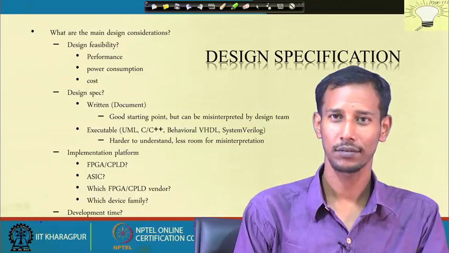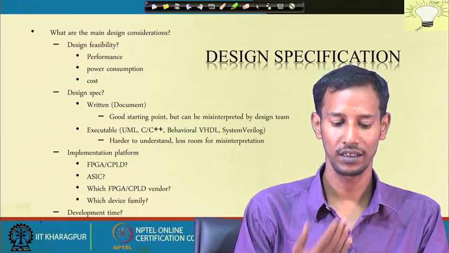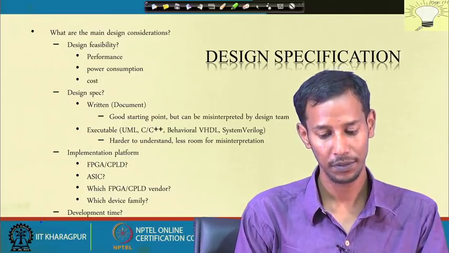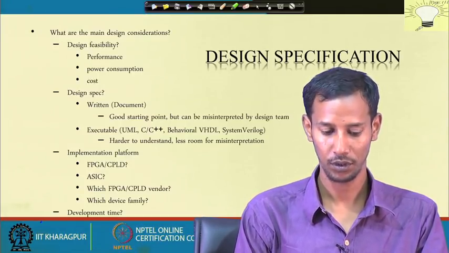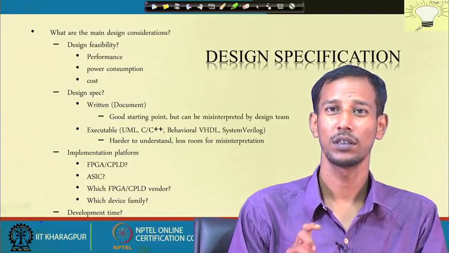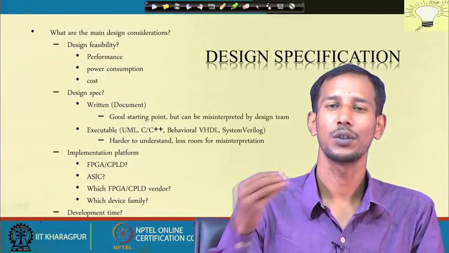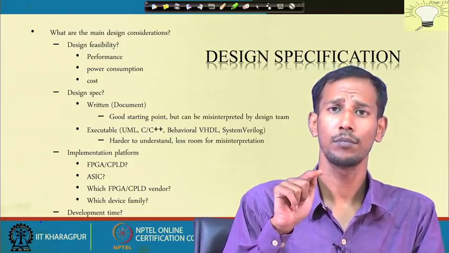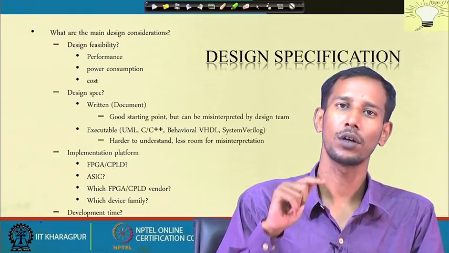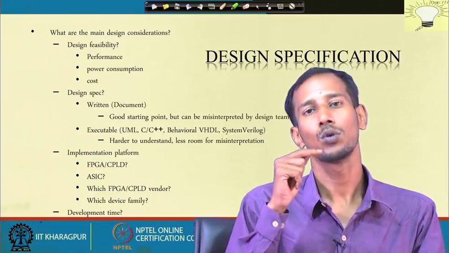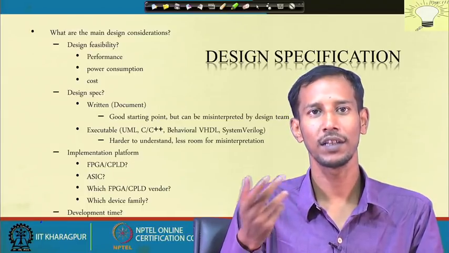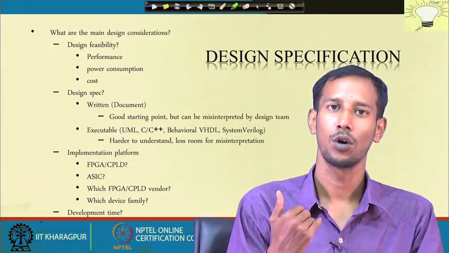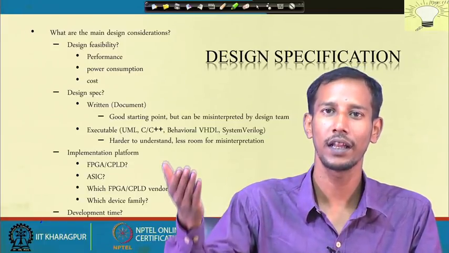And then the design spec. The design spec should be written as a good starting point, but it can be misinterpreted by the design team. The specification is used in each of these phases, since it is where I set my target. Whenever I am working to achieve the target, every time I have to check what target I have set and what I am trying to achieve.